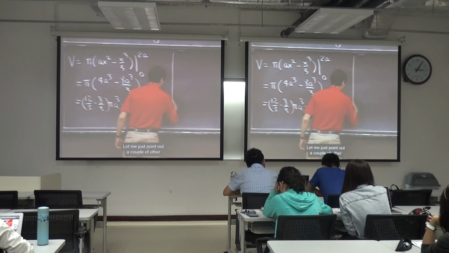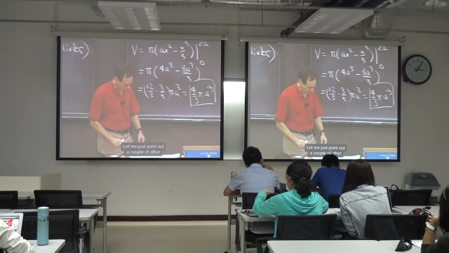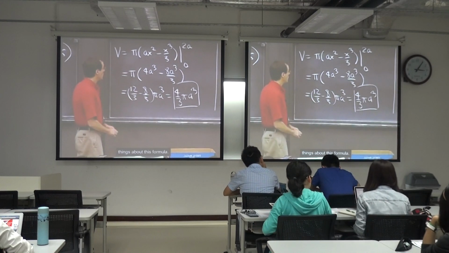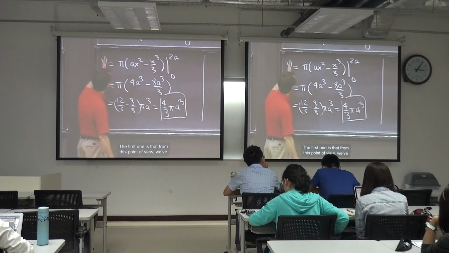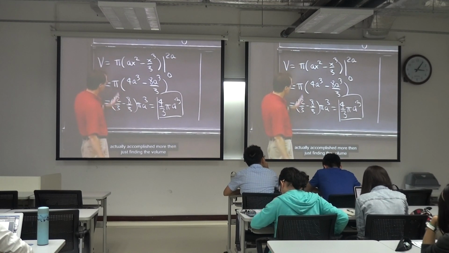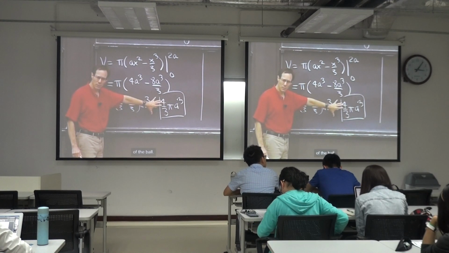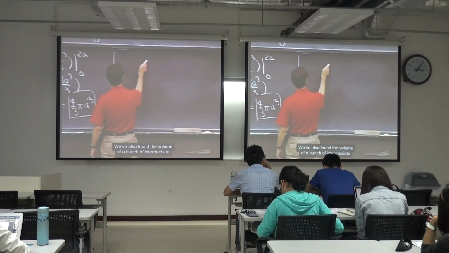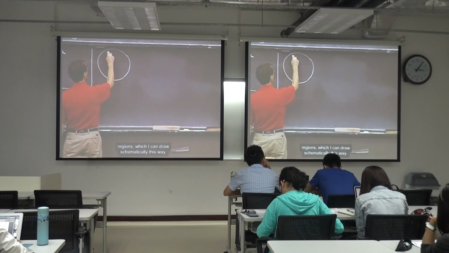Let me just point out a couple of other things about this formula. The first one is that from this point of view, we've actually accomplished more than just finding the volume of the ball. We've also found the volume of a bunch of intermediate regions, which I can draw schematically this way.